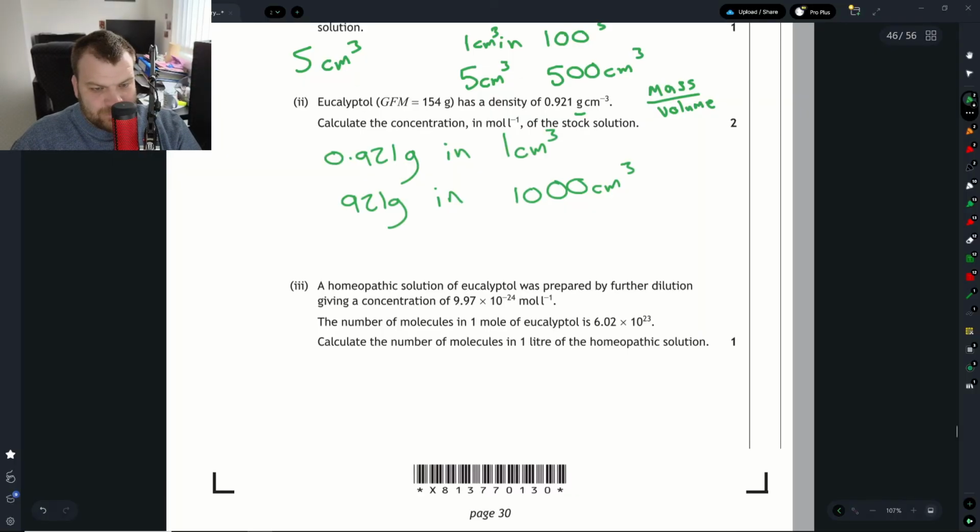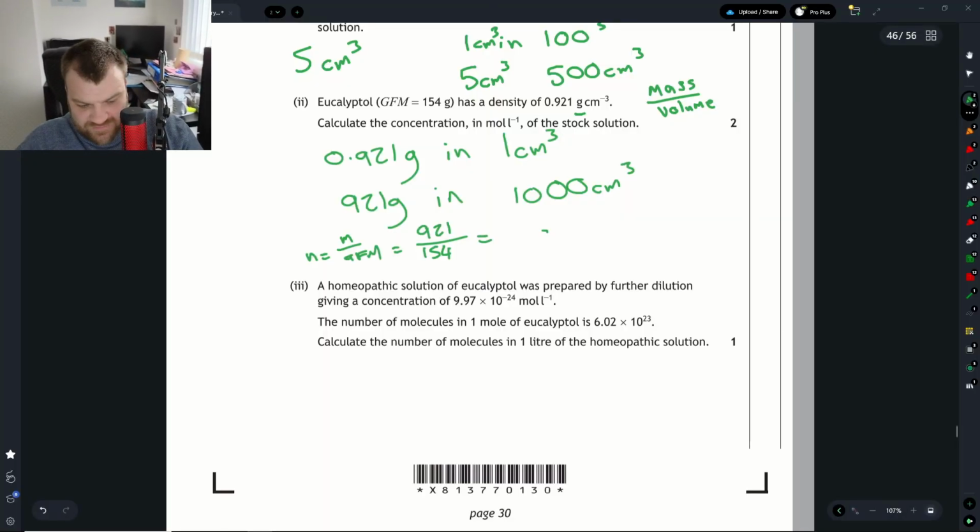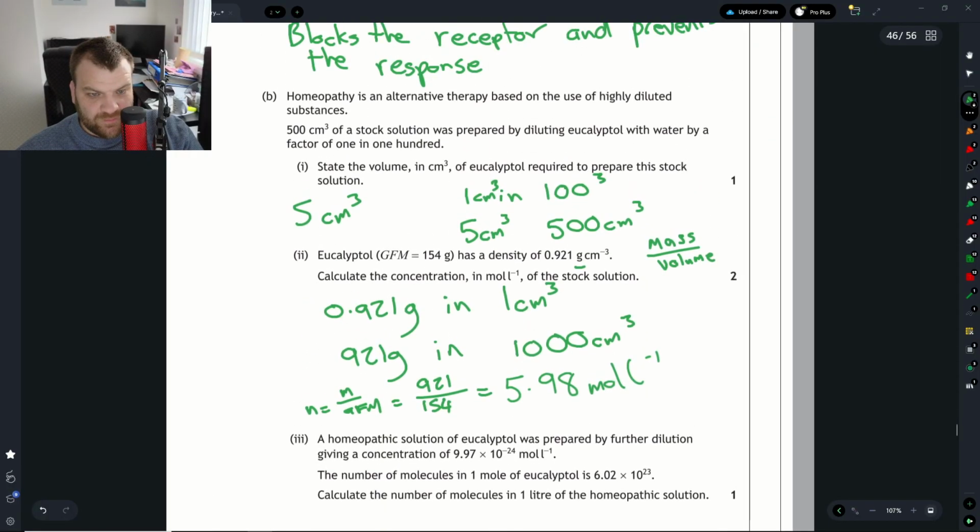So then we turn that into number of moles by doing mass over GFM. That'll be 921 divided by 154. That gives us 5.98 moles per litre. But our stock solution was diluted by a factor of 100.